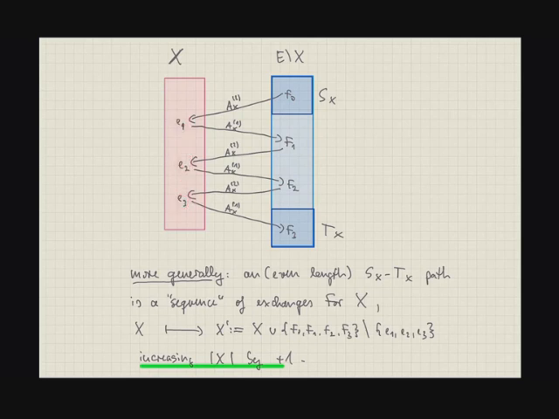And it's going to be, in general, a path of even length from the set Sx to the set Tx. So that corresponds to a sequence of exchanges for the set X, right?